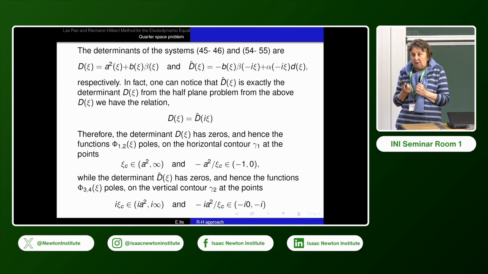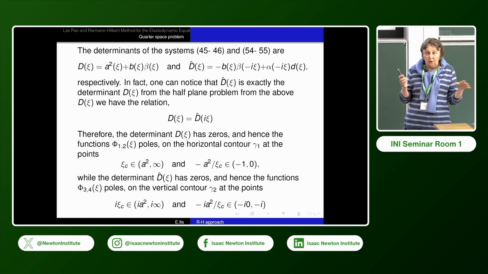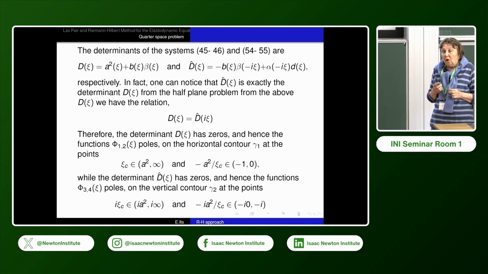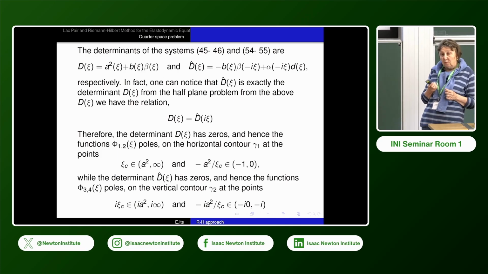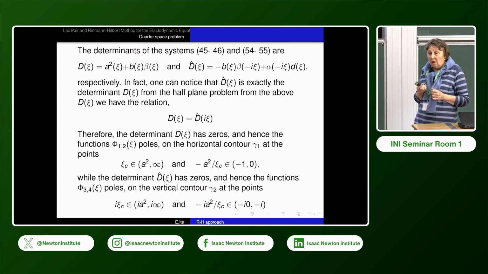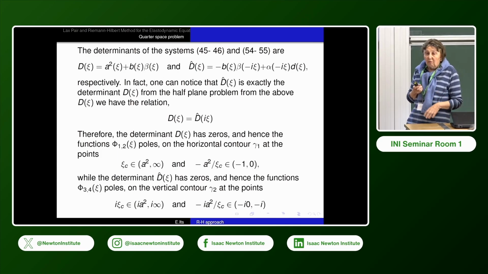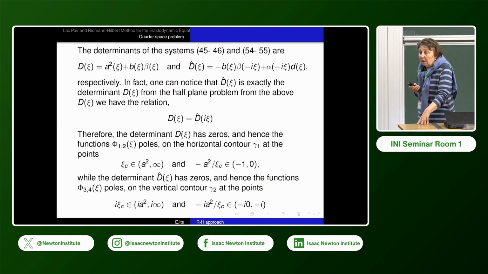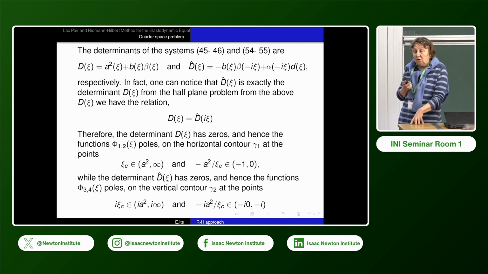The fact is that both these determinants, under certain transformations, could be written as the famous Rayleigh equation for the velocities of Rayleigh surface waves.